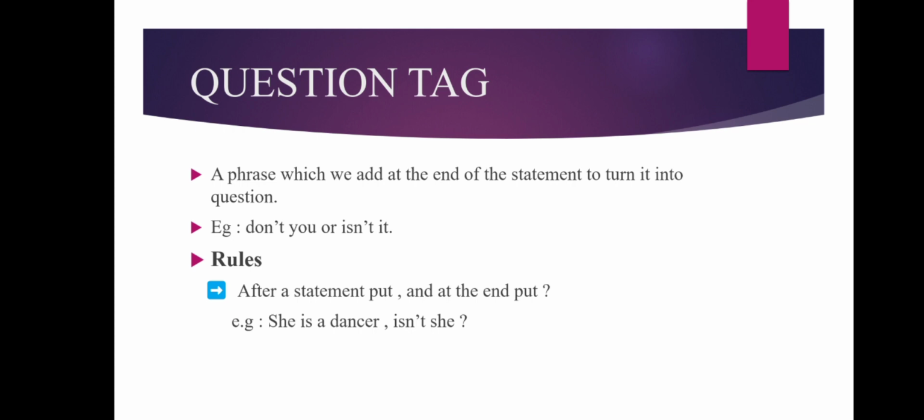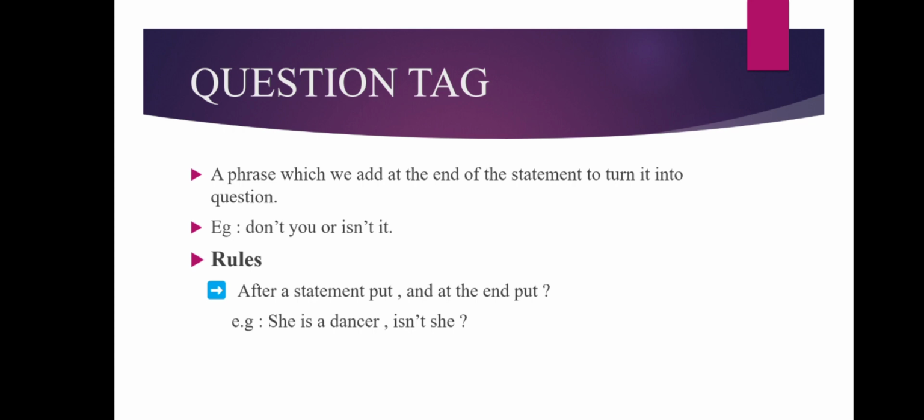For example, don't you or isn't it. There are several question tags. Don't you is a phrase and isn't it is a phrase. We add phrases such as don't you, isn't it or weren't she at the end of a statement in order to turn that statement into a question.